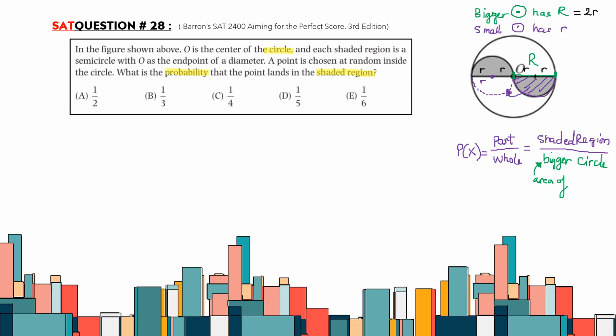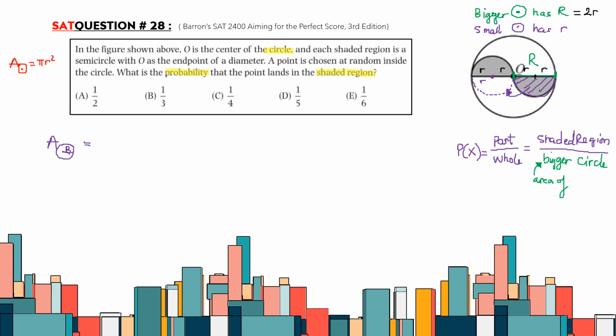Now we have to find the area of the bigger circle with radius big R. First we have to review the formula. The area of the circle is pi r squared.